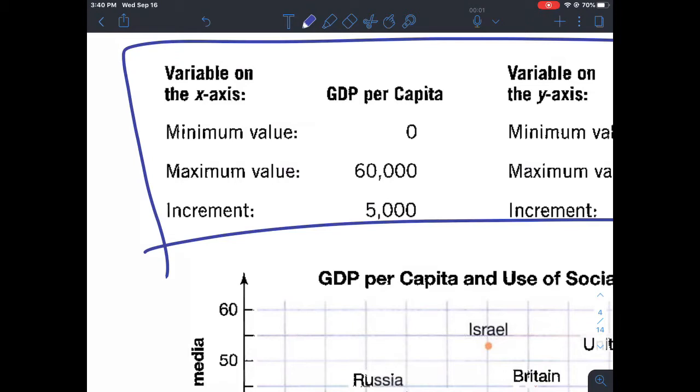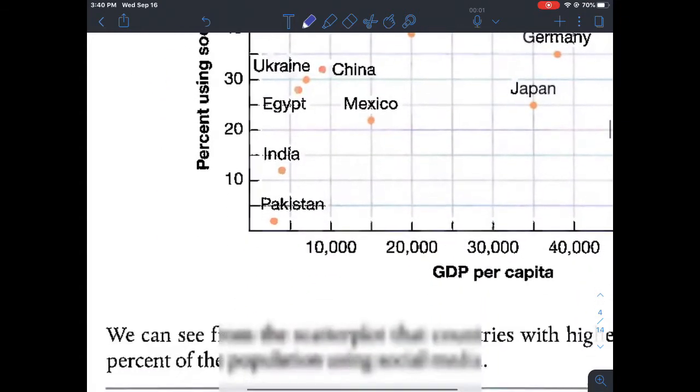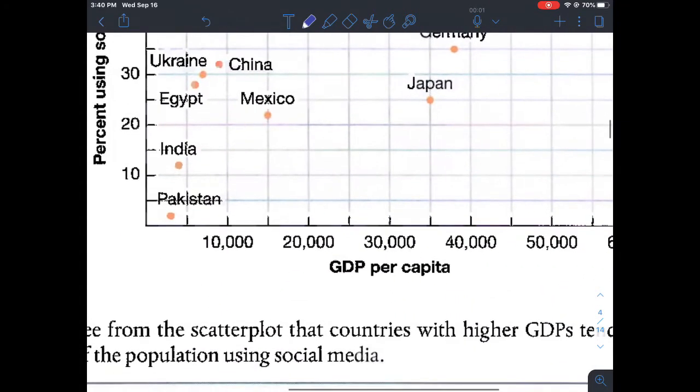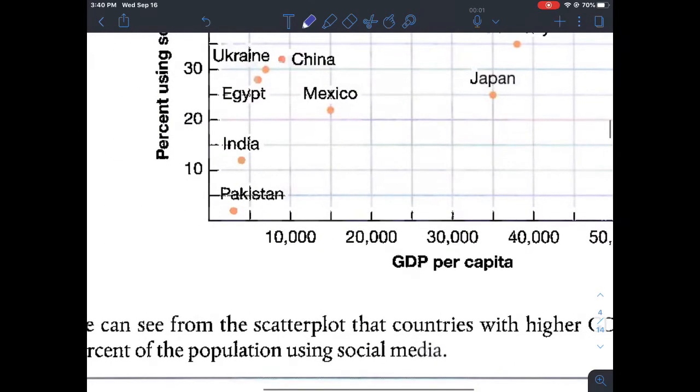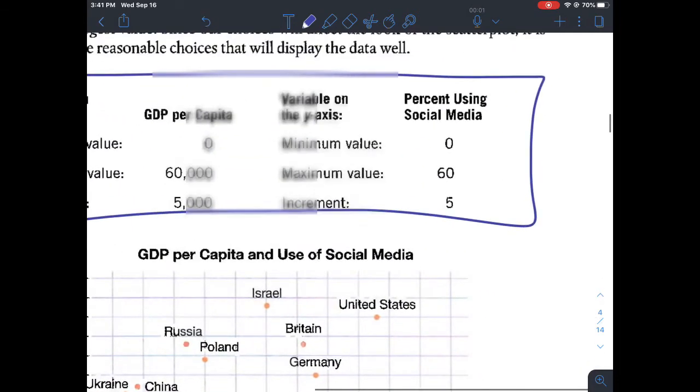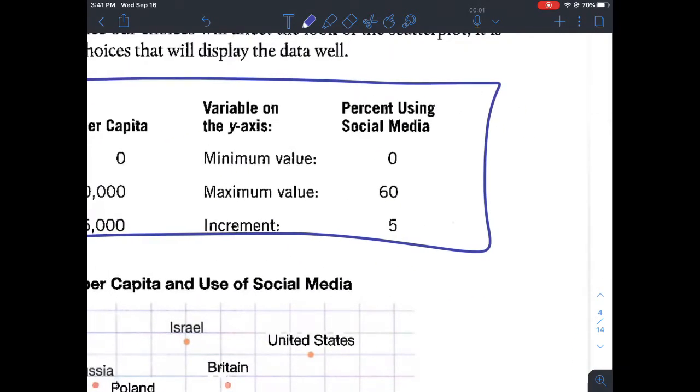So in this case, we are going to scale our graph by 5,000. Just because I'm scaling it by 5,000 does not mean that I'm writing down each 5,000 increment. We can represent every other with a little tick mark there. So really, we only wrote every 10,000 value. And then for social media, percent using social media, the minimum value was 0%, maximum value was 60%.